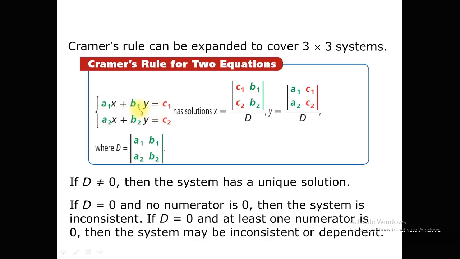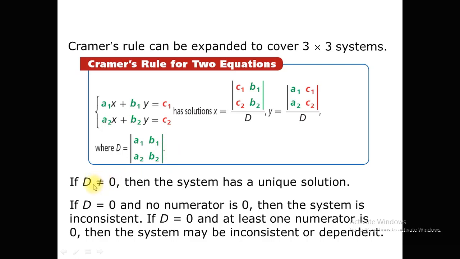Suppose we have a system, then first of all find the determinant of the coefficient matrix, and then find the value of x using the new determinant dx, and find the value of y by using the new determinant dy. For the value of x divide the determinant dx by d, and for y divide the determinant dy by d, and we can obtain the determinant d from the coefficient matrix.